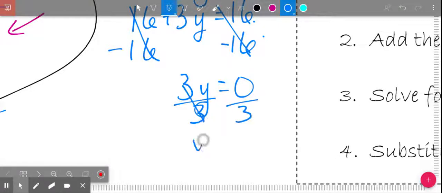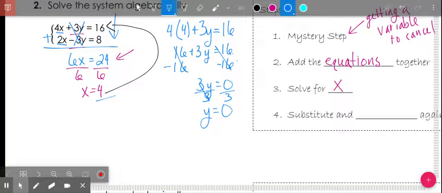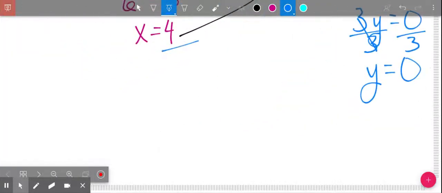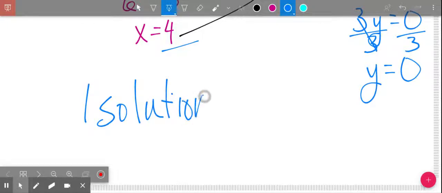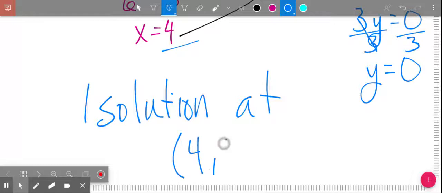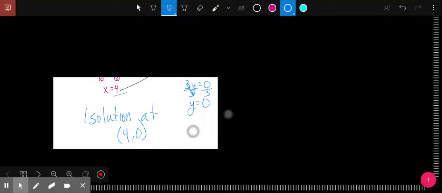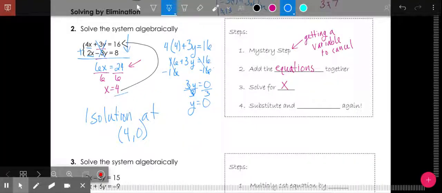So that'll go away, and I'll have y is equal to 0. So our solution is going to be one solution at the point (4, 0). So if I were to graph both of these equations, they would intersect at the point (4, 0).